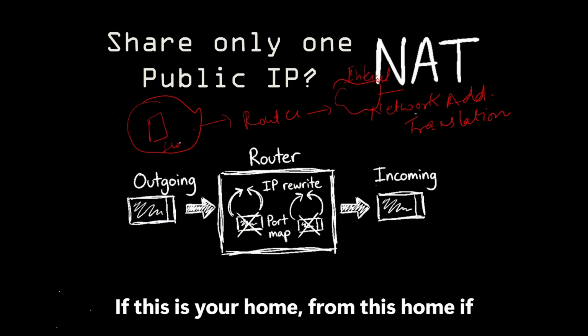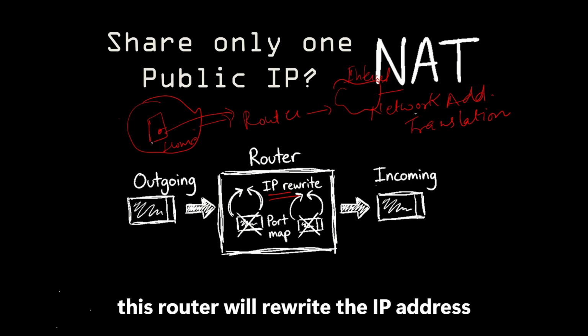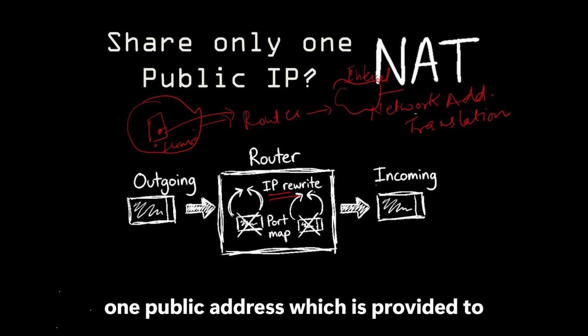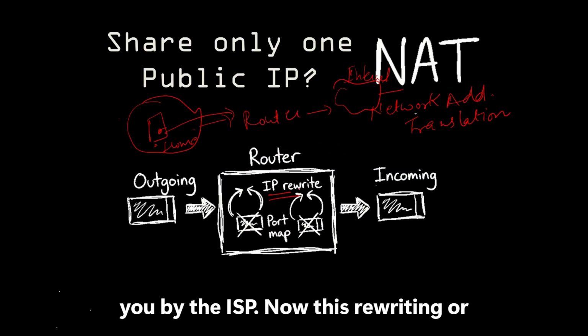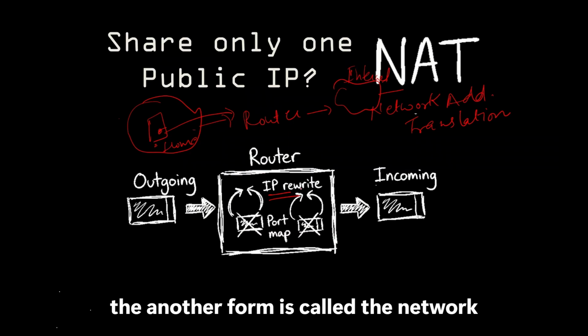If your laptop at home generates a request, it goes to the router, and the router rewrites the IP address assigned to your laptop with the one public address provided to you by the ISP. This rewriting, or translation of one IP address into another form, is called network address translation.